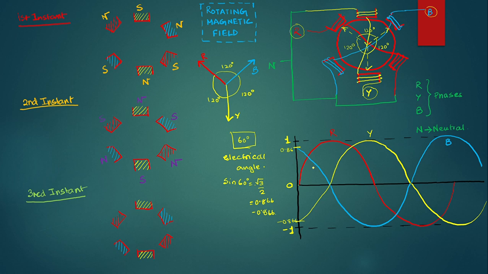Let's take the consideration that if the phase signal is in the positive half cycle, then we will consider that as north pole, and if it is in the negative half cycle, we will consider that as south pole.